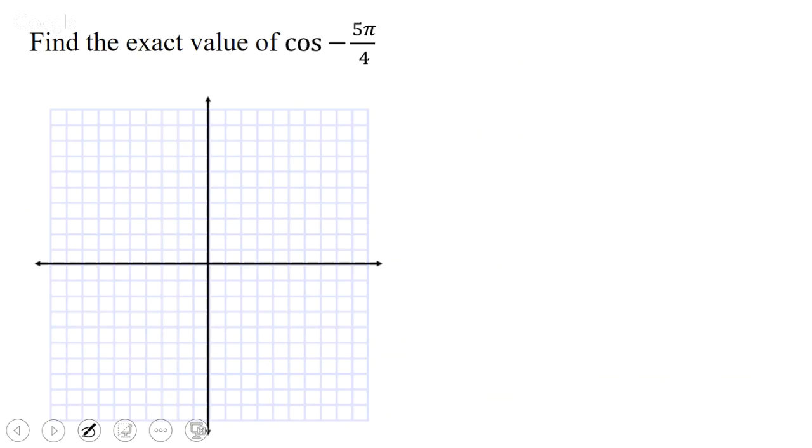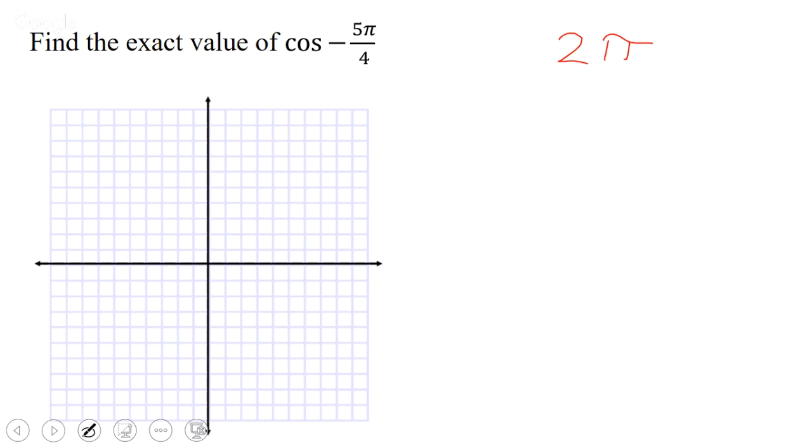Negative 5 pi over 4. Well, we only figured out how to do the radian measure with positive angles, but I can find the coterminal angle. So to find the coterminal angle, I need to add or subtract 2 pi. So 2 pi is 360. So 2 pi, I need to add to negative 5 pi over 4.